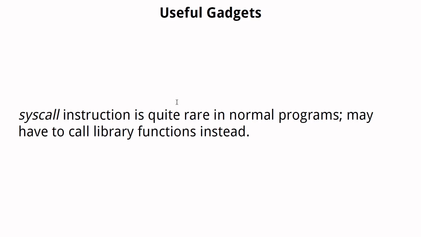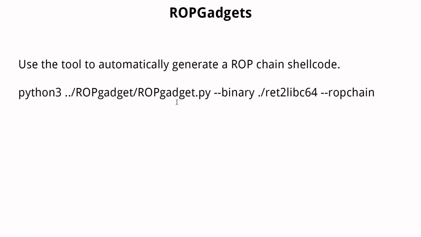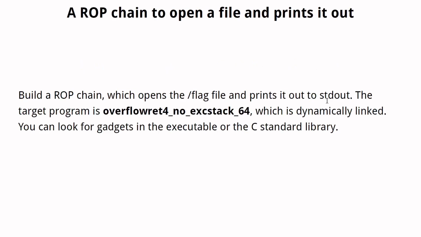You need a syscall followed by a return, and those are hard to find. Actually, this tool, ROPgadget, has a feature to generate an exploit for you. Sometimes it has errors, but it has the basic idea. You can try it. It's not always reliable, but sometimes it works.